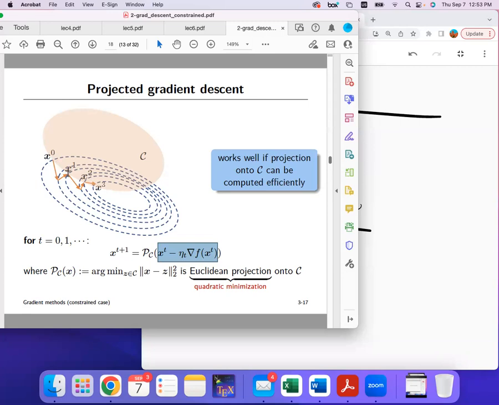And this projection simply finds a point in the constraint set that is closest to this point. This is called projection. Now after that, you continue to do a gradient descent update. And again, it may happen that you go out of the constraint. So every time you just pull it back onto the constraint through this projection operation.